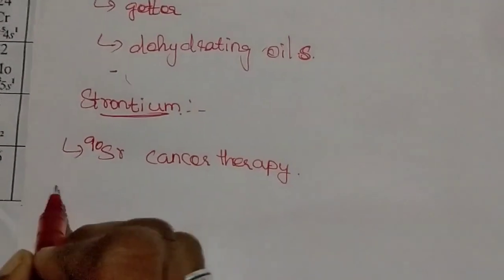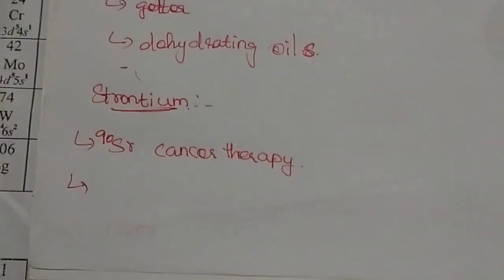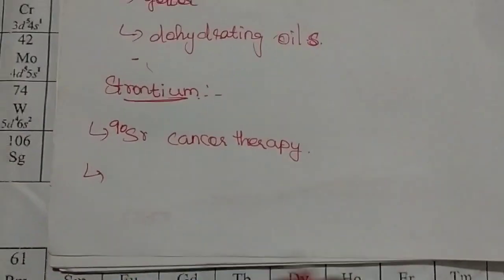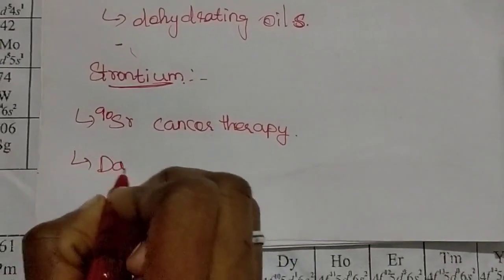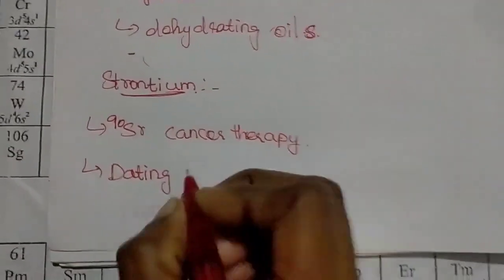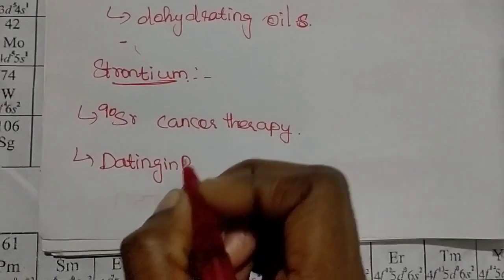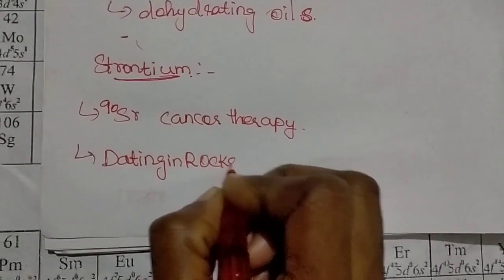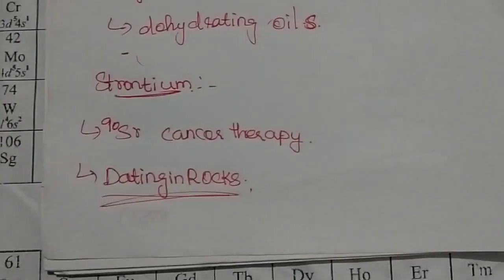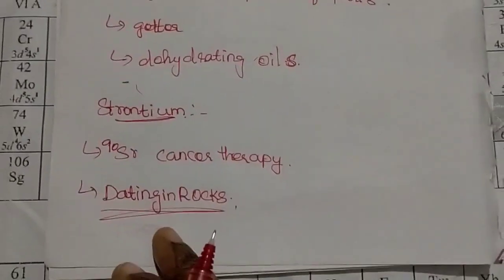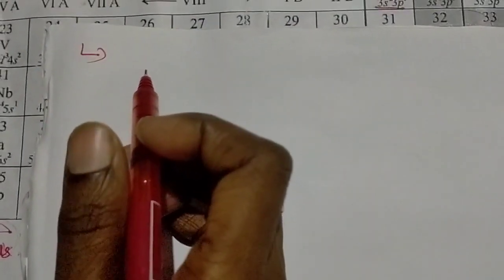Also we use strontium for finding out the age of rock. That means dating rocks. Okay, to find out the age of rock, we use strontium.